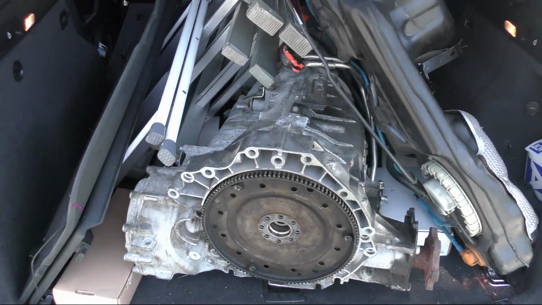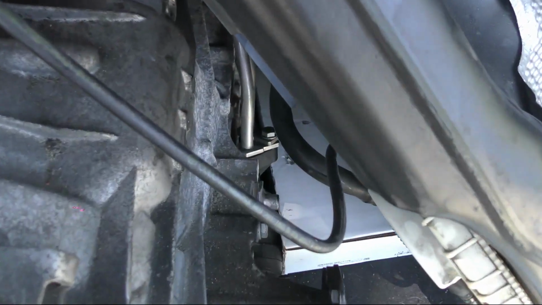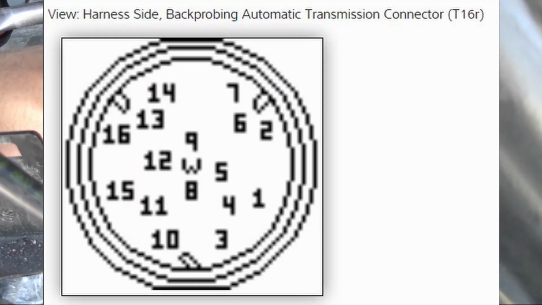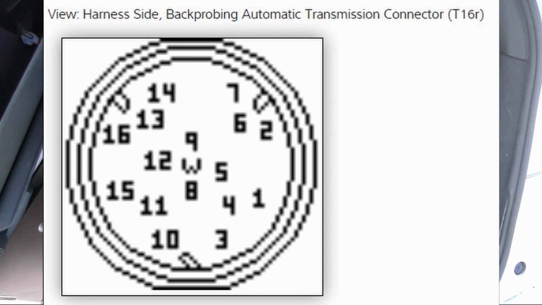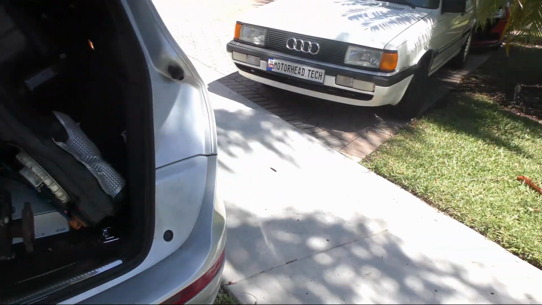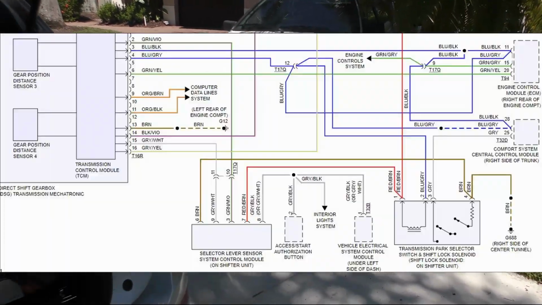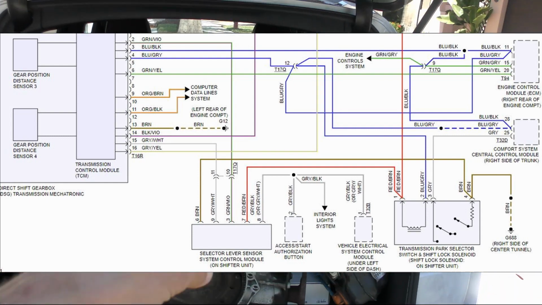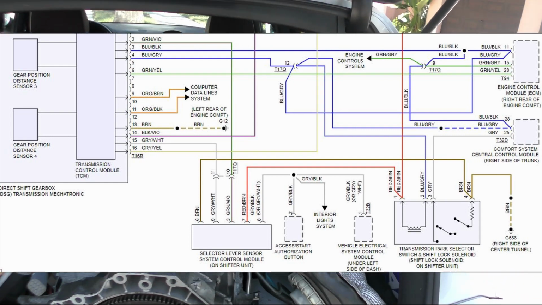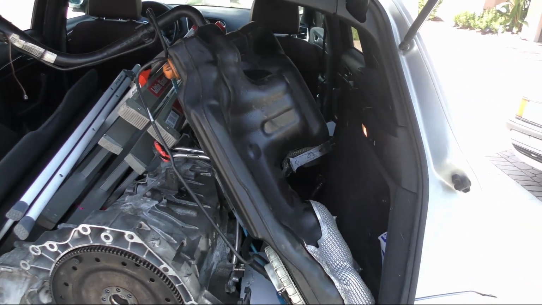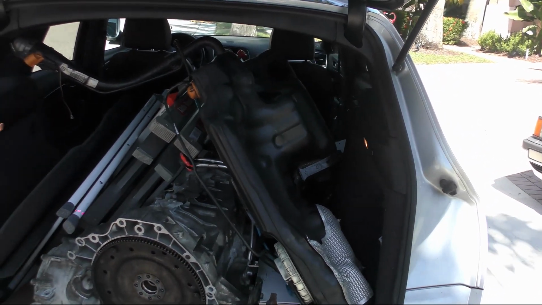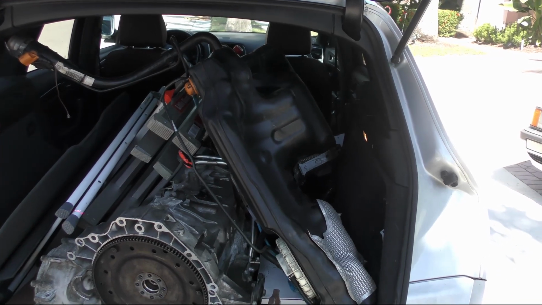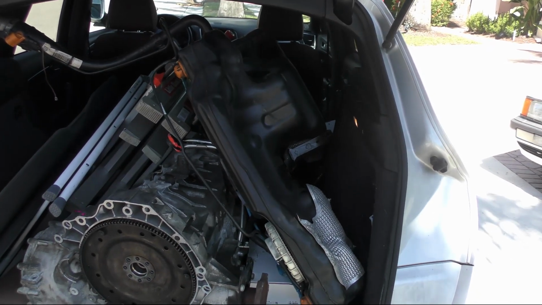And basically, if we look right here, it's going to be kind of hard to tell, you'll see the T16 circular plug, which is only found in the B8, B8.5 Audi A4s, as shown in this wiring diagram. This is the Quattro tank for my B8.5, since most of the B9 parts will not fit. We won't know until we hit the Quattro part, because that is going to be a little bit of a challenge, but we'll figure it out.